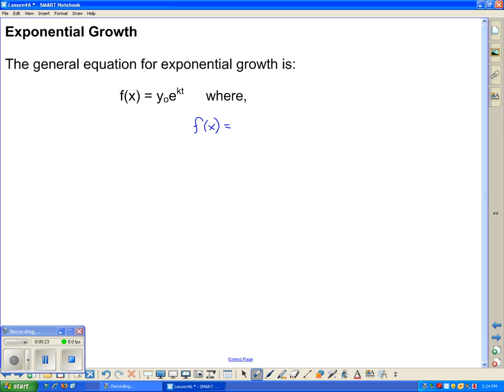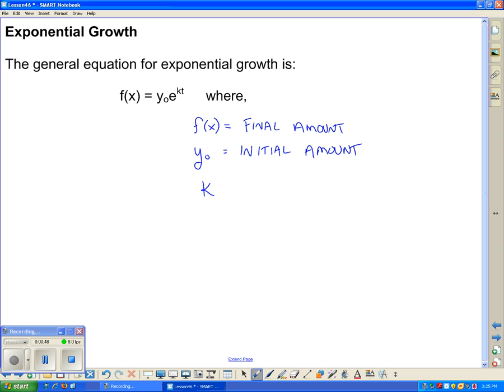So f of x is your final amount. y naught is your initial amount. Why not use y naught? A little punchy here. Initial amount. e again is just the natural growth base.